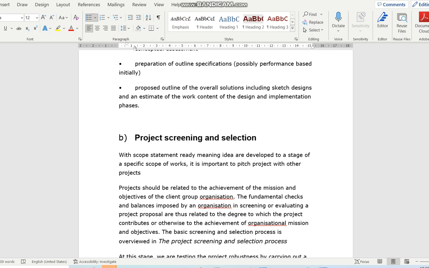Because when your company puts a lot of emphasis on that particular project, there will be a lot more resources given to it, a lot more funding, and a lot more attention.